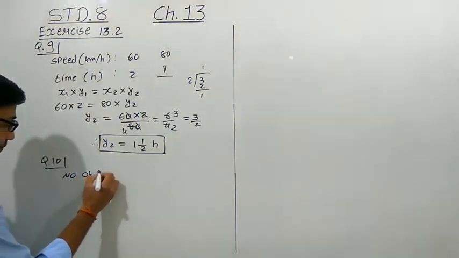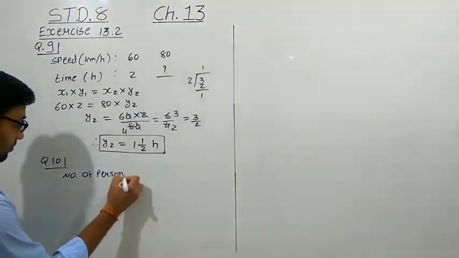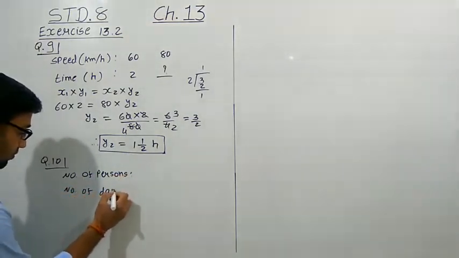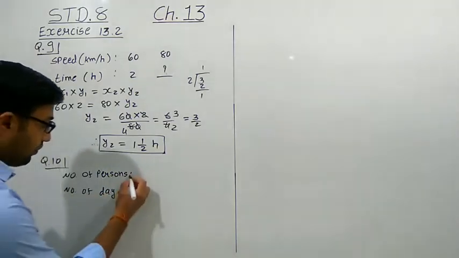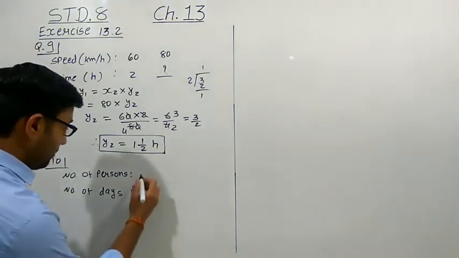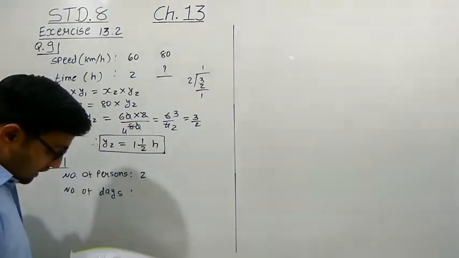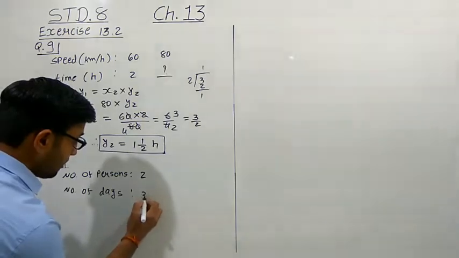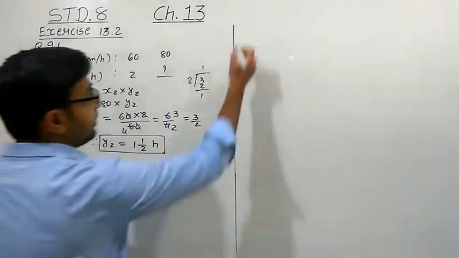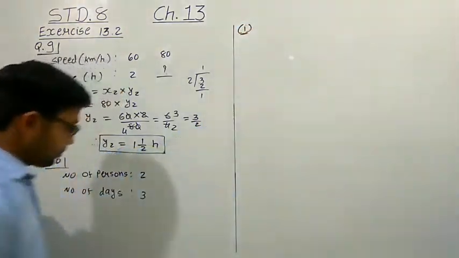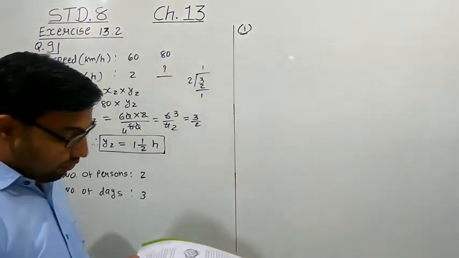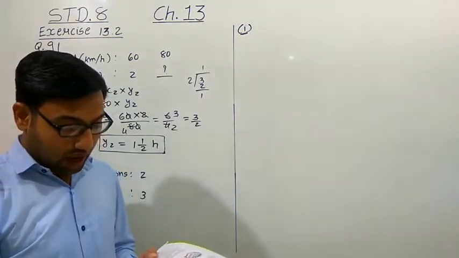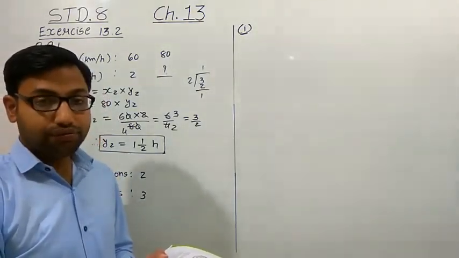First of all, we are given that the number of persons is 2, and the number of days is 3. Now two different cases are there. For the first case, we are given that one of the persons fell ill before the work started. How long would the job take now?